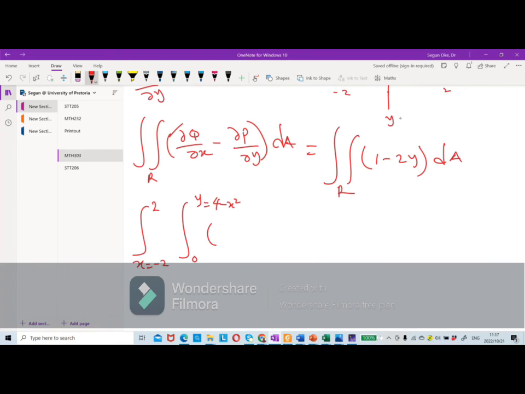Integral of 1 minus 2y dy dx. So we can solve this one. Integral from -2 to 2. Integrate this one with respect to y: y minus 2y squared over 2, from 0 to 4 minus x squared, dx.